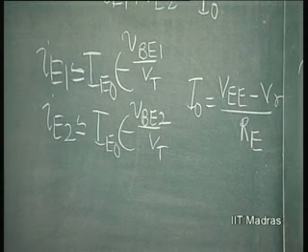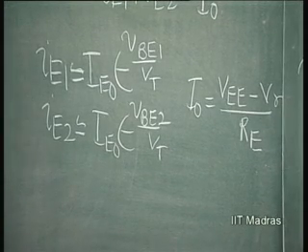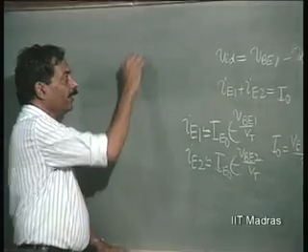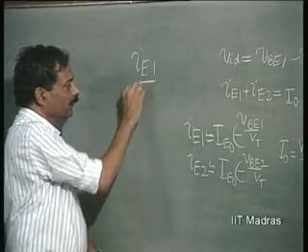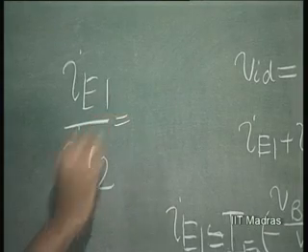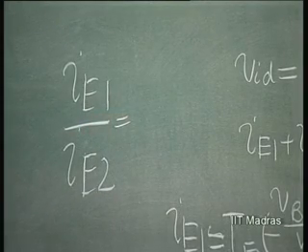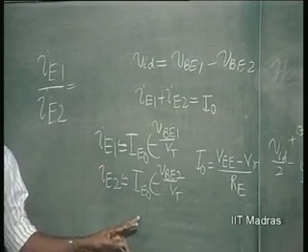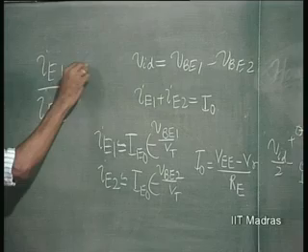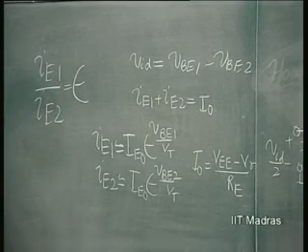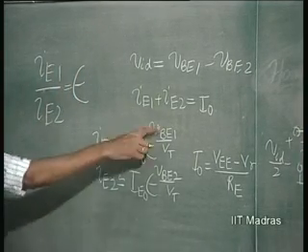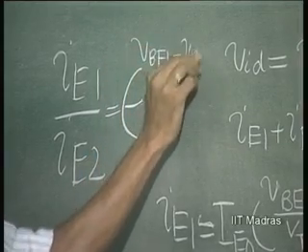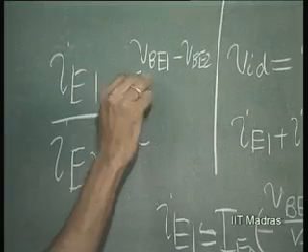Now, therefore, this is an important relationship in integrated circuits. What is it? IE1 at any instant of time by IE2, for two transistors which are identical, identical in the sense they have the same IE naughts, is always equal to exponent VBE1 minus VBE2 by VT.